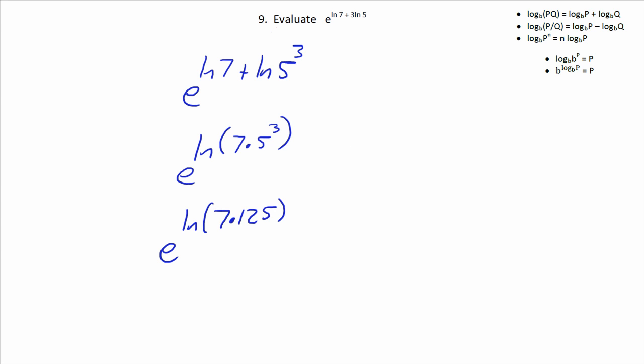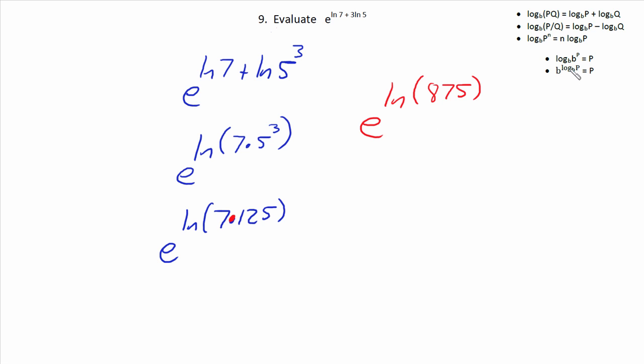Coming up here, I'll use another color to keep our steps separate. So we'll have e to the ln, this is a multiply right here, not a decimal. 7 times 125, if you work that out, is 875. So I have e raised to the power of ln of 875.